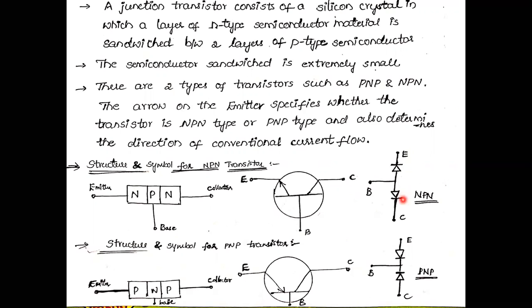Those two cathode terminals are the emitter and the collector, and in between, the anode terminals give the base. In a similar fashion, for the PNP type, the anode terminals are at the extreme ends, and between the cathode terminals I draw one terminal, the base terminal. In this way, we can connect two inbuilt diodes and represent three terminals.